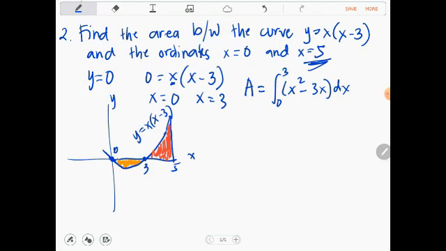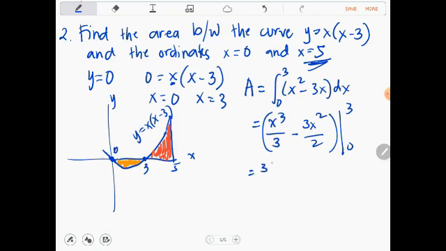You can use our calculator now for our checking. But for the manual solution, we have this. X cubed all over 3 minus 3x squared all over 2. Ayan. And ang ating lower limit na 0 to 3. Therefore, yun yung ating substitute.